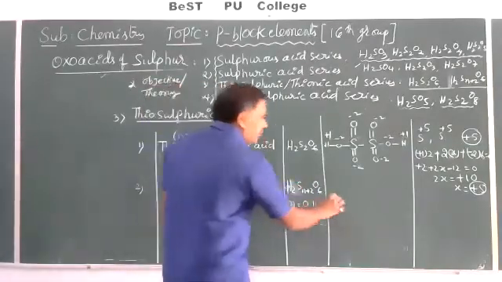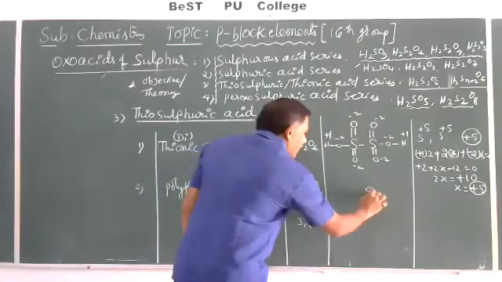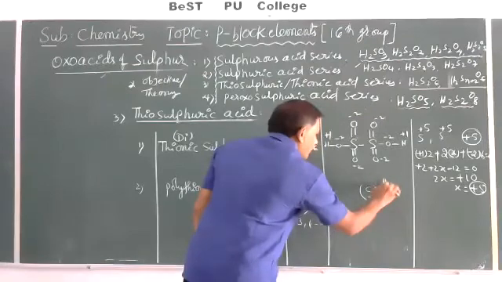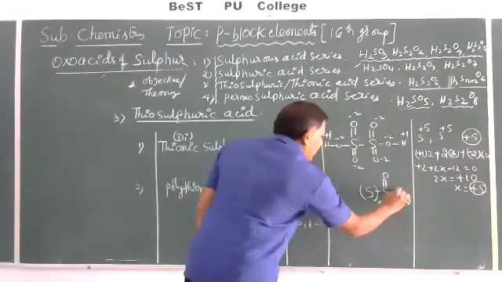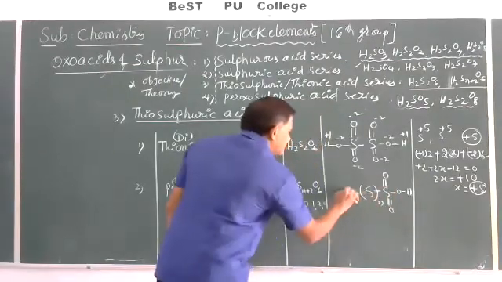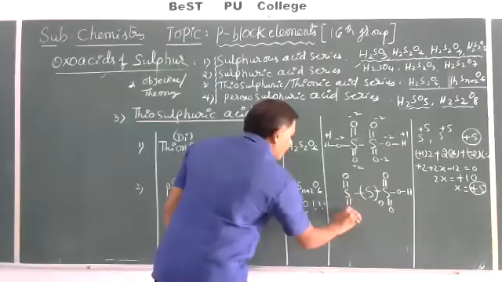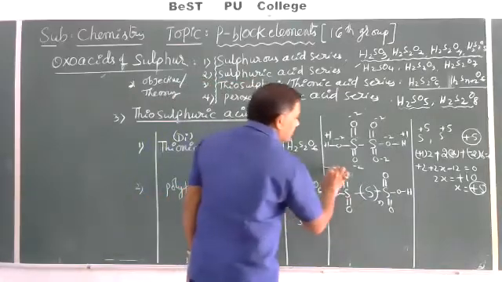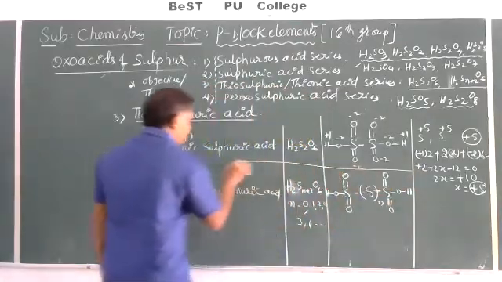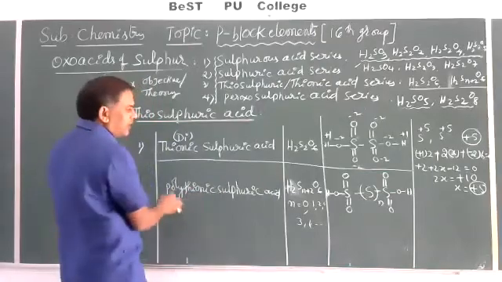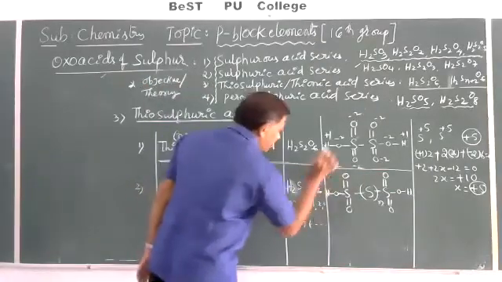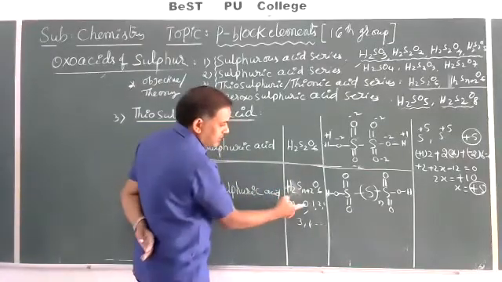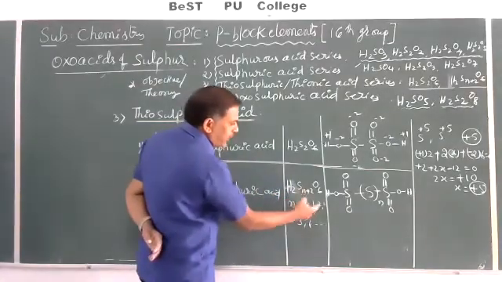So for this we can take sulfur, S double bond O, bond OH. This is the structure of your polythionic acid. So under polythionic acid, n is the number of sulfur atoms like 0, 1, 2, 3 and so on.